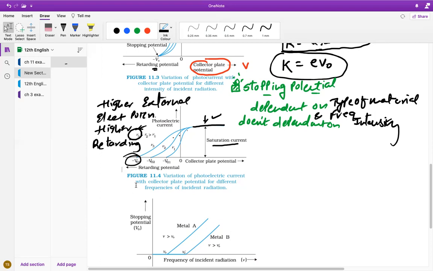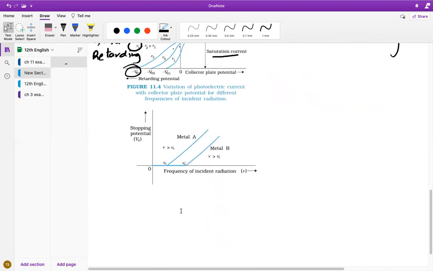Okay, and the very last thing, we have very good observations. It is like this one. It is a graph of stopping potential for different materials and frequency of incident radiation.